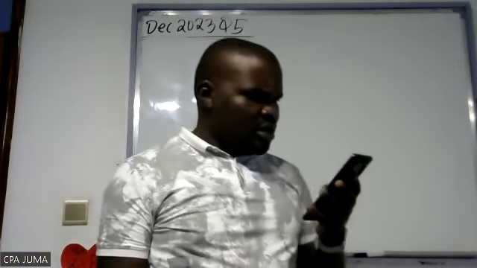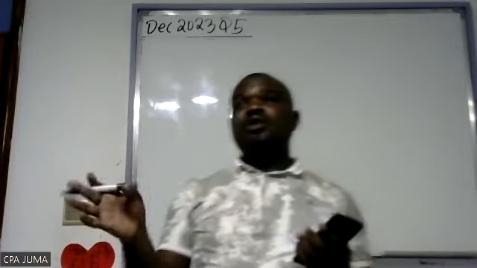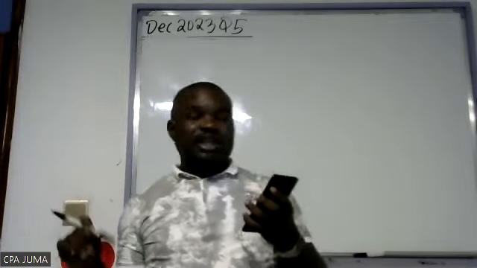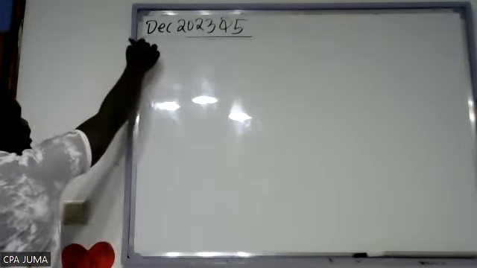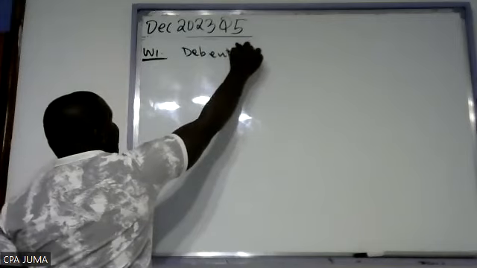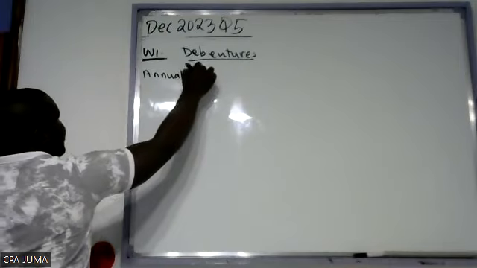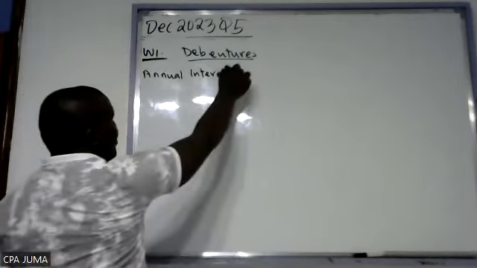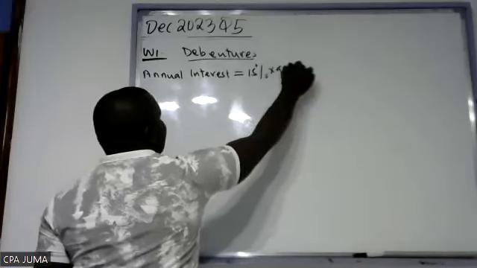What they are saying is that the finance institution, wamesema tukiconvert, if we go to new company, we'll take up 15% debentures in shillings 900 million. So expected, how they're working, one, debentures, annual interest will be 15% of 900.